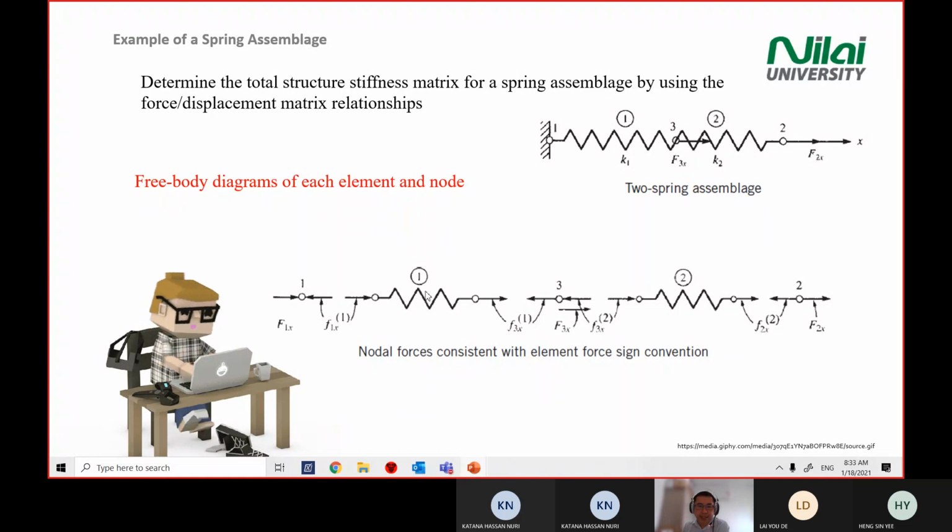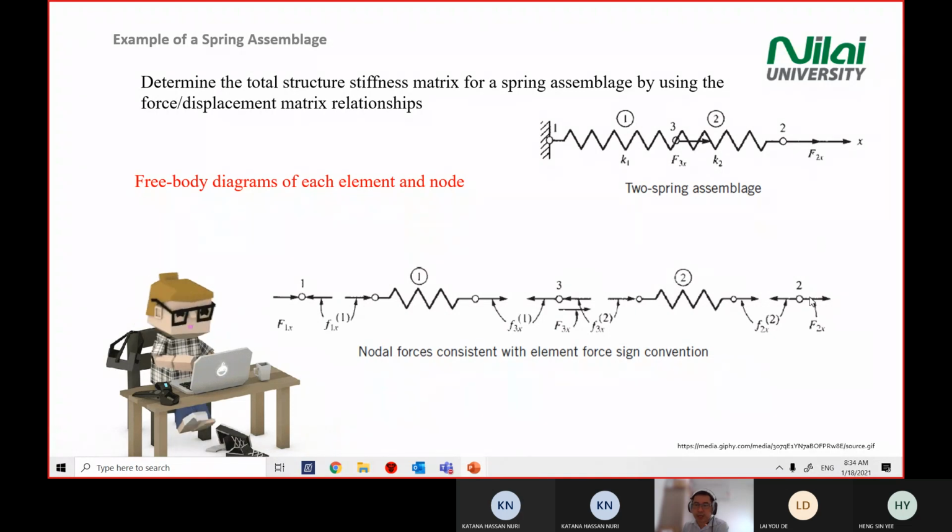Now the direction, I'm going to explain now. In this case, we do not know the direction at point 1. We do not know the direction at number 3, but we know one direction for sure, which is the direction of the force number 2. It's pulling to the right in the x direction.